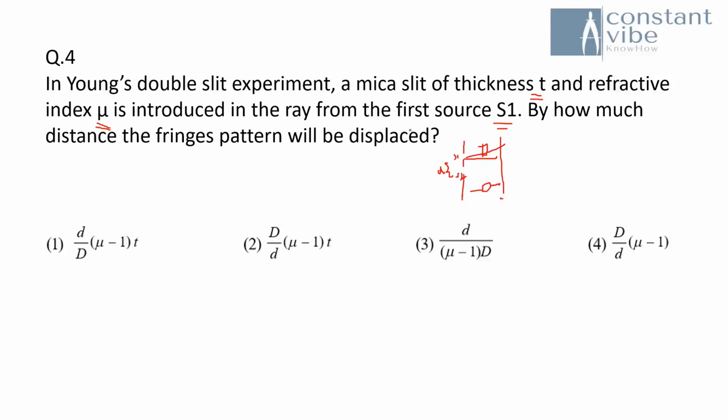So here the displacement, suppose delta x equal to mu minus 1 into t, that is the path difference.